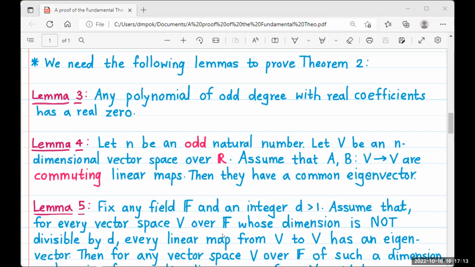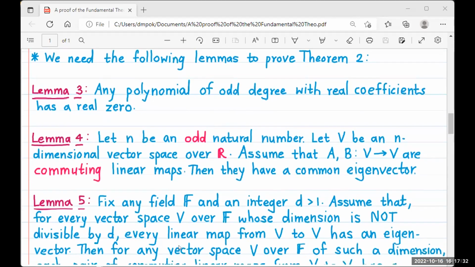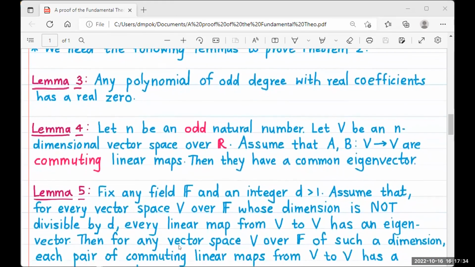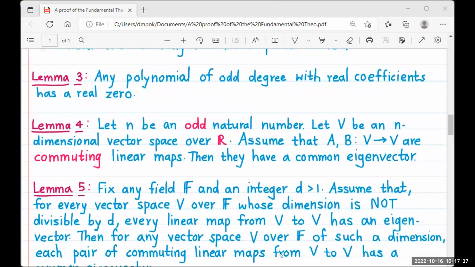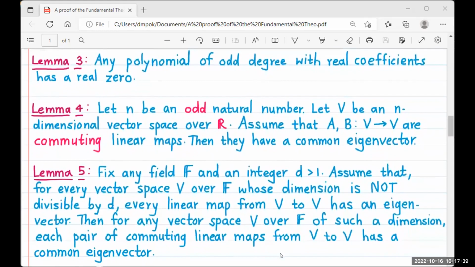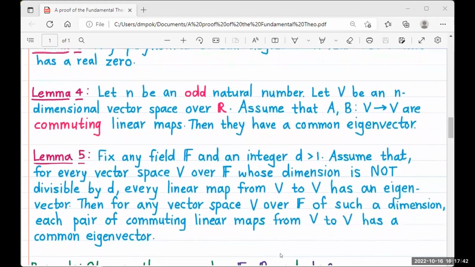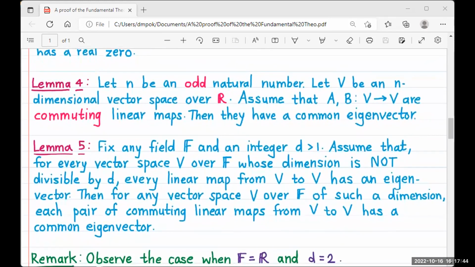That if we have a field F and an integer d greater than 1, such that every vector space over F whose dimension is not divisible by d has the property that any linear map on it has an eigenvector, then we want to conclude that for such a vector space V, every pair of commuting linear maps on V has a common eigenvector. So this is a generalization of lemma 4 with F equal to R and d equal to 2.